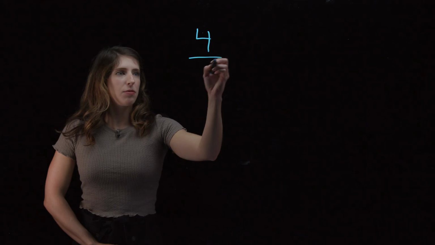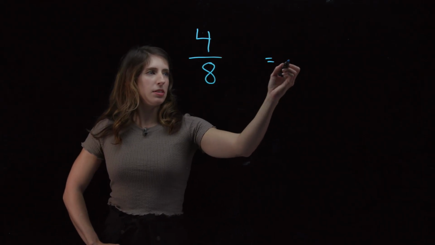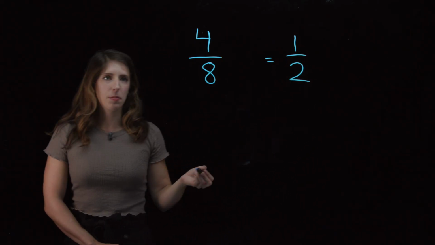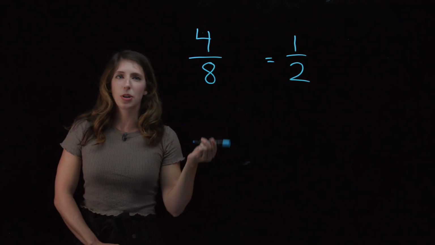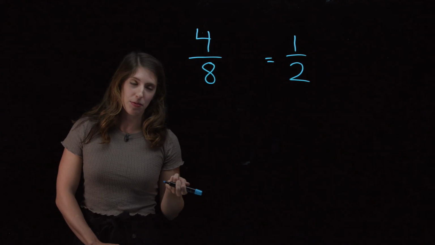So we observed that 4 out of 8 slices of pizza can be more simply referred to as just 1/2 of the pizza. 4/8 is equivalent to 1/2, but we've gone the reverse direction this time. We're no longer expanding, we're reducing the fraction.